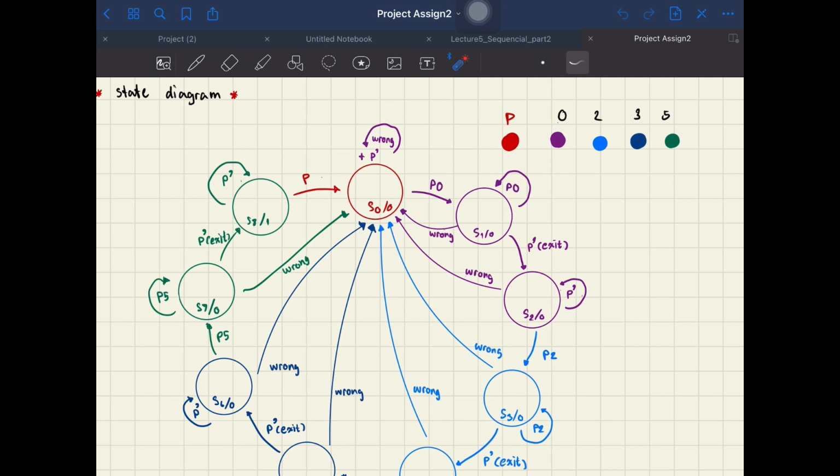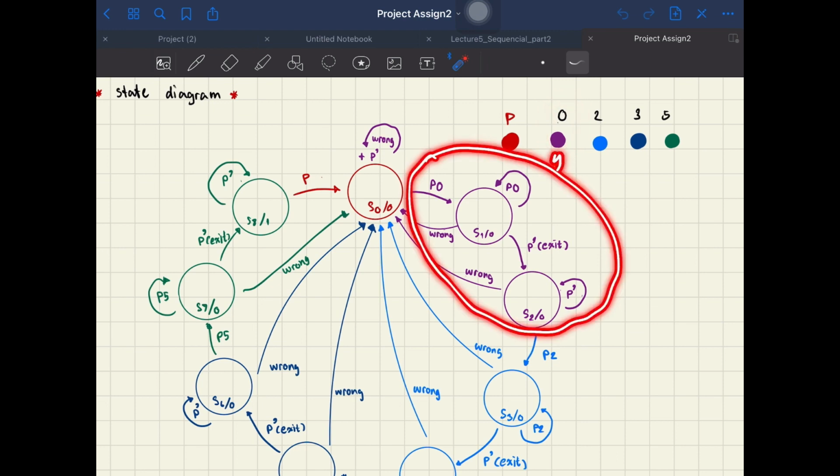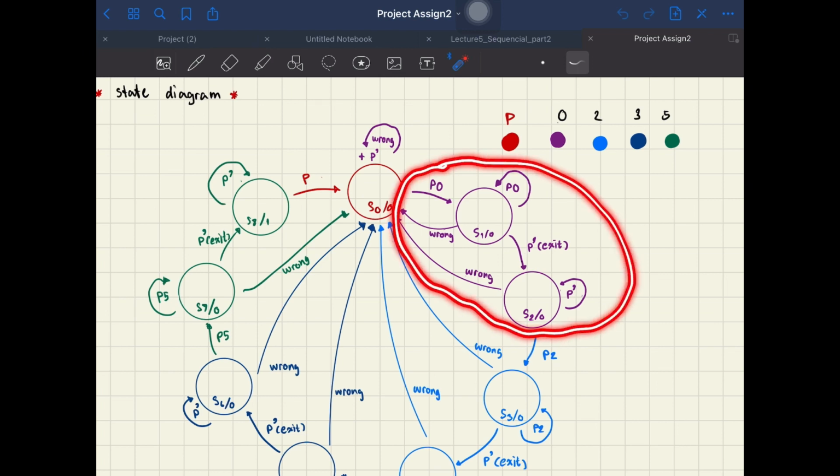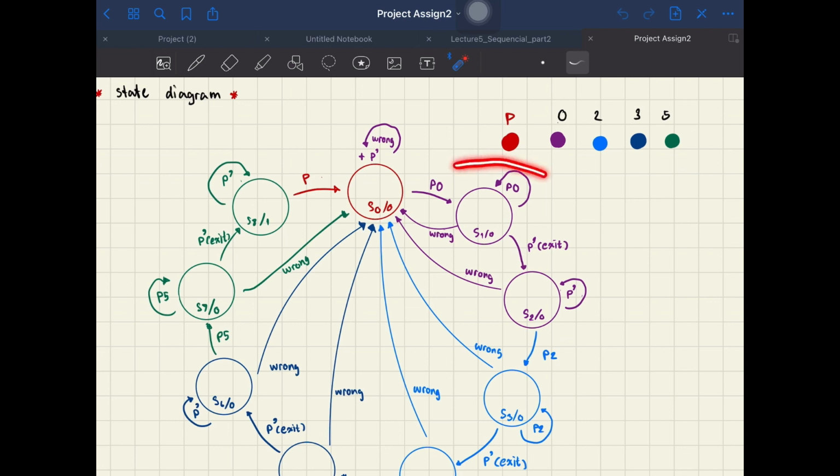And what is the duty of state 2? As I told you, I divided it into 4 digits. These purple things I represent as the first digit of my password. So this whole thing that I'm circling means that I am in the first digit, right?